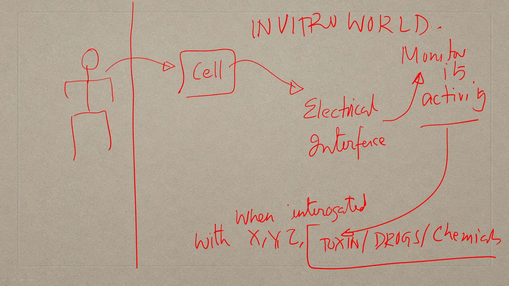Now, what kind of cells are we talking about, and what are the favorite cell types which could be used for these kind of sensing? Now, if you look at the human body, it is an electrically active system, or bioelectrically active system, whichever way you want to explain it.